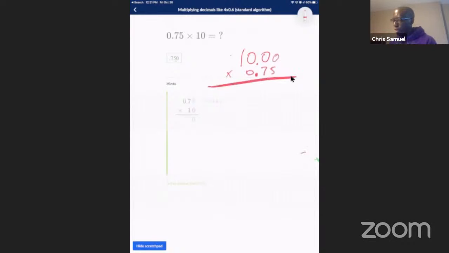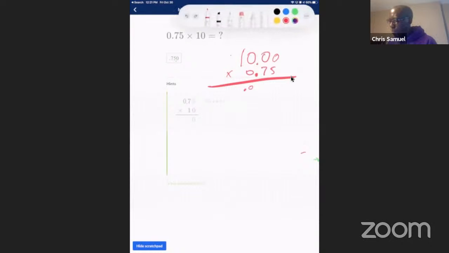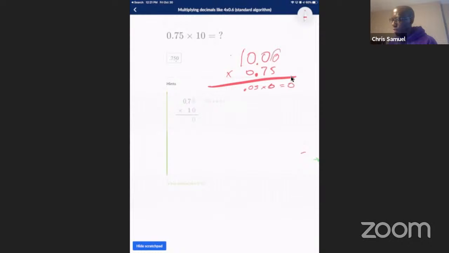We have 0.5 times 0 is equal to 0. That's for this one.